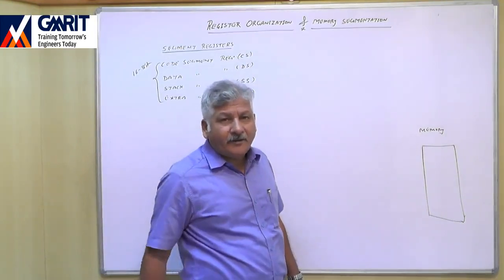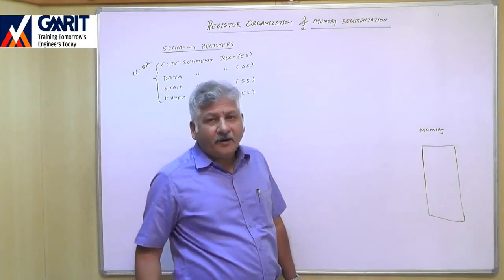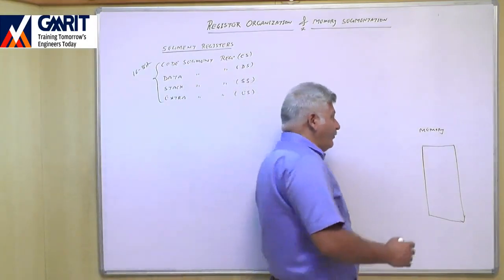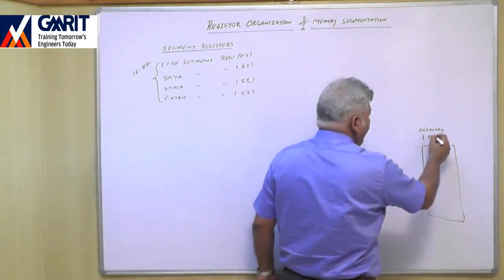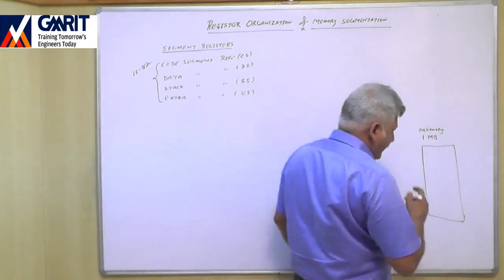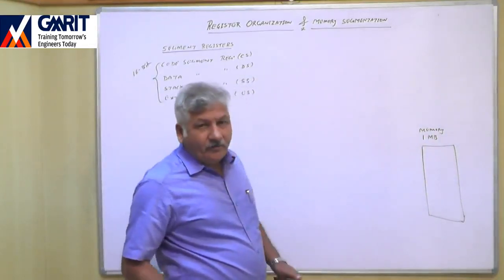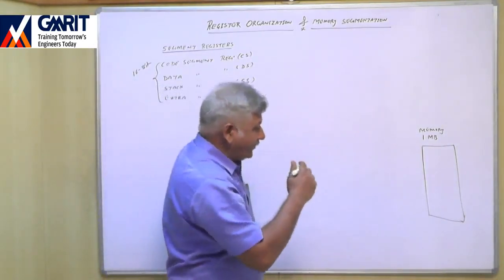You may use less than 1 megabyte in your system depending upon your requirement, but the maximum can be 1 megabyte. So let us assume this is 1 MB memory, and the total memory is divided into segments.